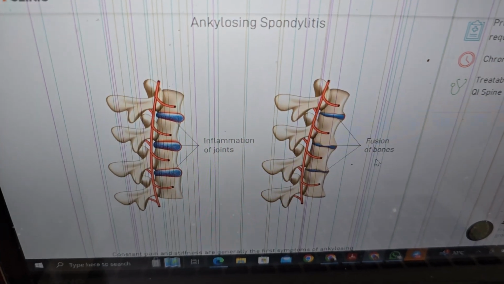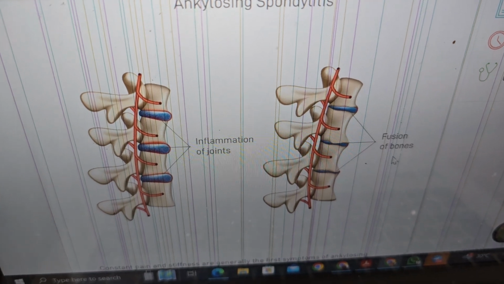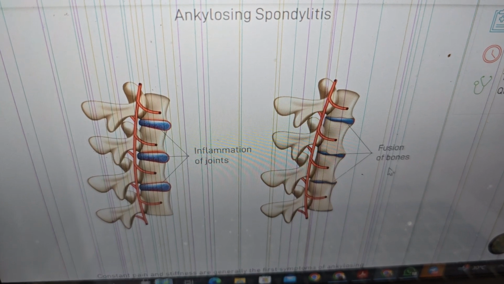And I must say this picture is worth a thousand words for understanding ankylosing spondylitis.